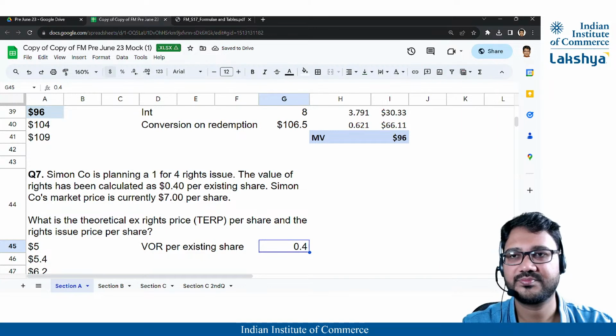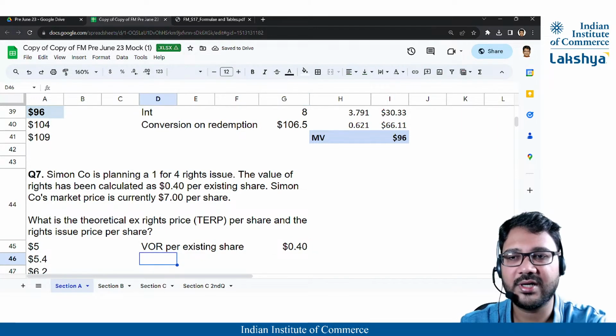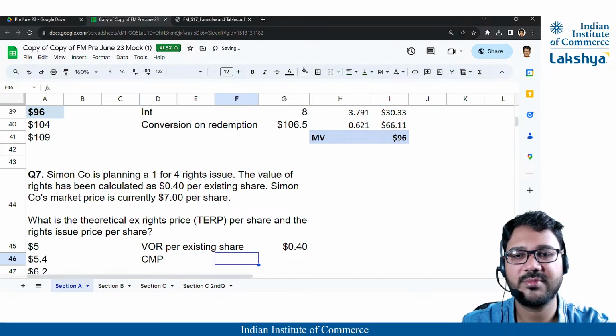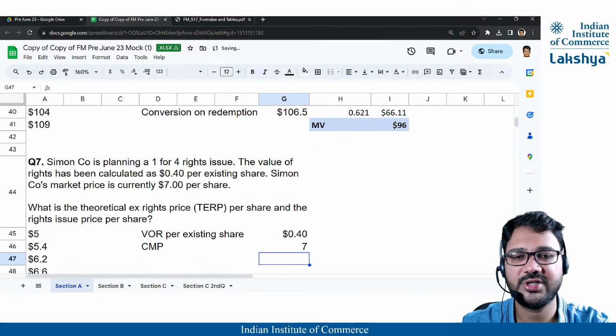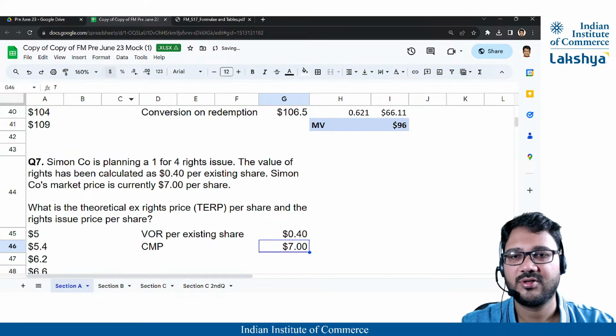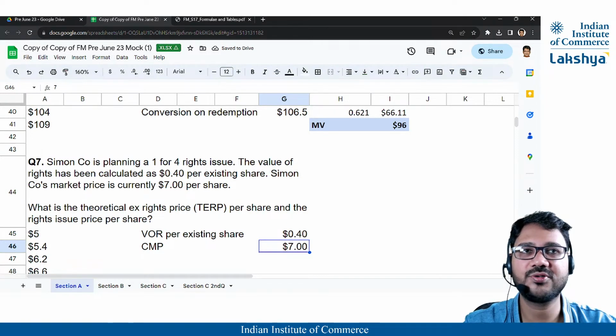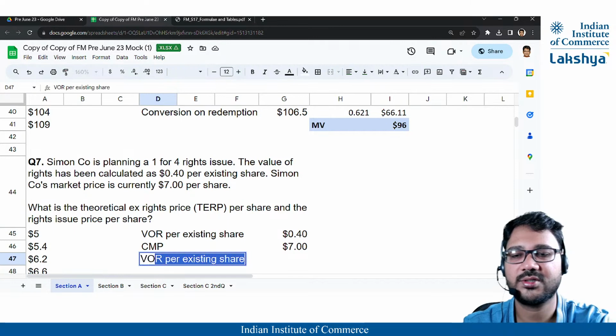Then we have the current market price, which is $7 a share. And the ratio we have been given is 1 for 4, one right for every 4 shares. So from that we can find VOR.